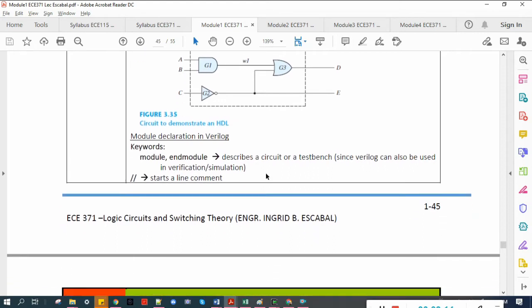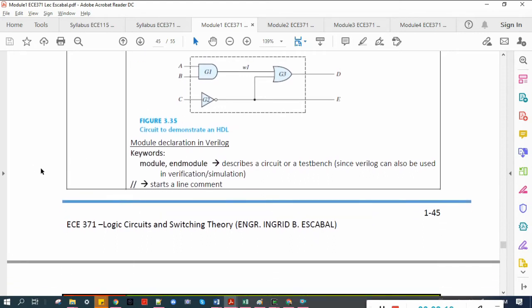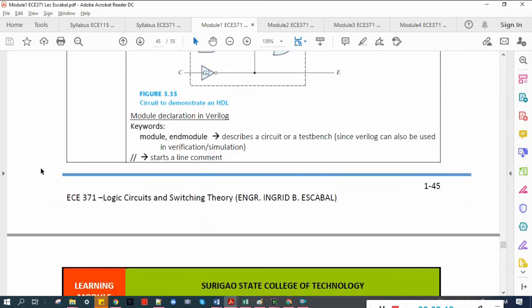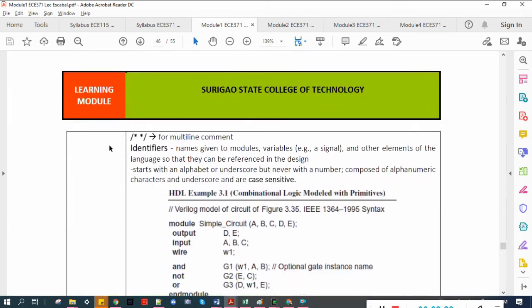But let's just use Verilog. This symbol, forward slash and then asterisk, and at the end the asterisk and then forward slash, is used to indicate a multi-line comment.